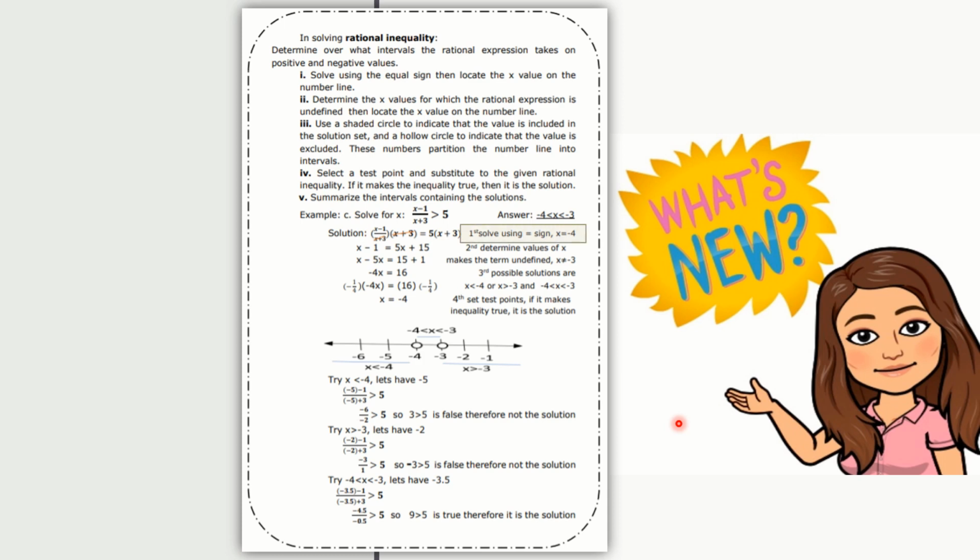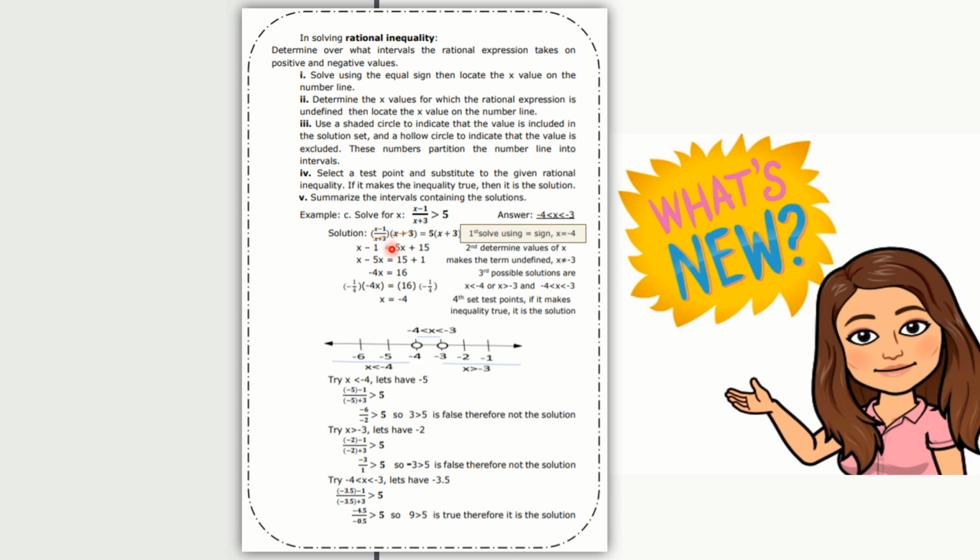Example C. Solve for x when (x minus 1) over (x plus 3) is greater than 5. Looking at example C, it is similar to example A, but instead of an equal sign, we have a greater than sign. The first step in solving a rational inequality is to solve using the equal sign, then locate the x value on the number line.